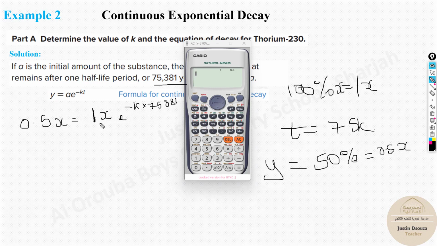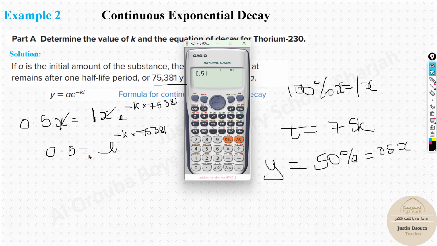It was full thorium, 100% thorium. 0.5 is half thorium, 50%, half-life. So you can cancel the x on both sides. You're remaining with 0.5 equals e to the power minus k times 75,381.